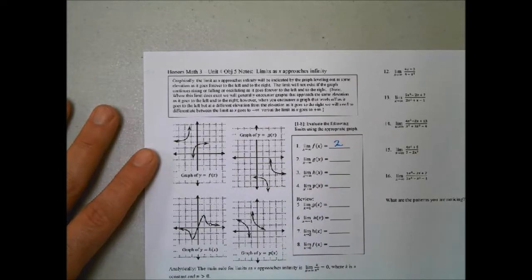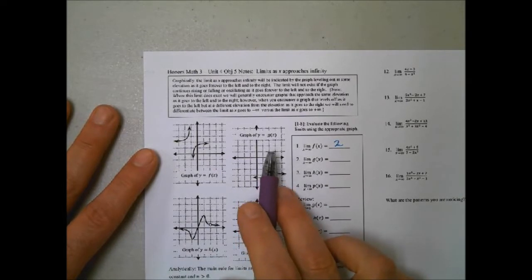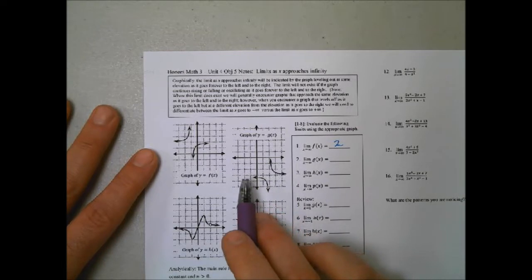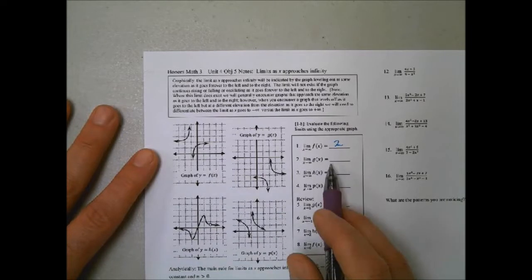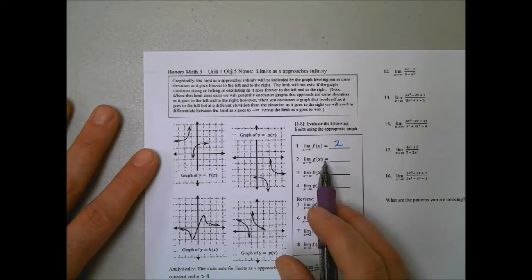Okay, if we look at our next graph, y equals g of x, well, as I go to the right, it seems to be leveling off at elevation -3. As I go to the left forever, it seems to be leveling off at elevation -3. Therefore, the limit as x goes to infinity for g of x is -3.